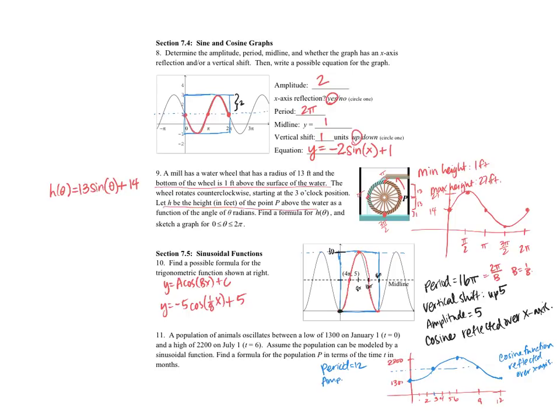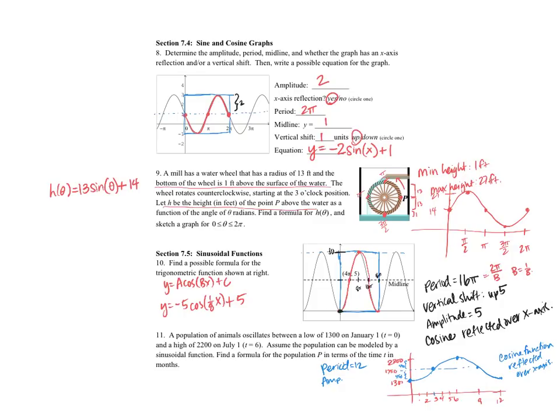the amplitude will be halfway. Let's see, if I do 2,200 minus 1,300, that's 900. If I divide that by 2, it's 450. So it's up 450 and down 450. So halfway, 1,300 plus 450 is 1,750, would be this midline.